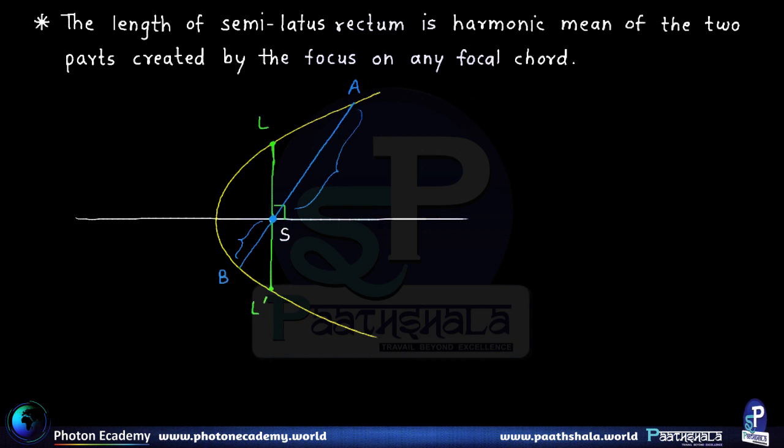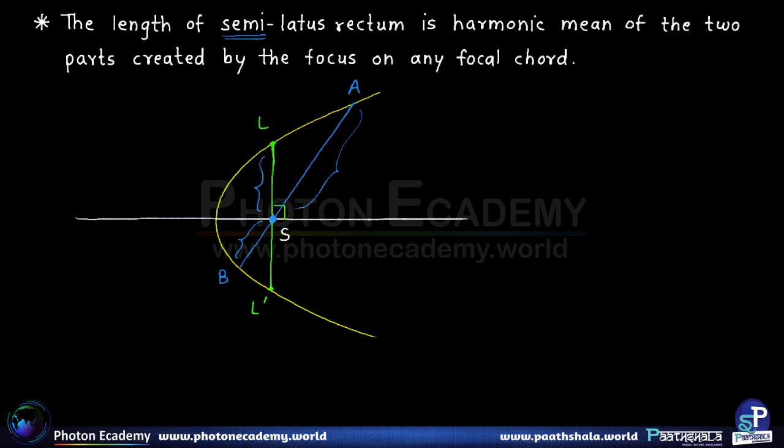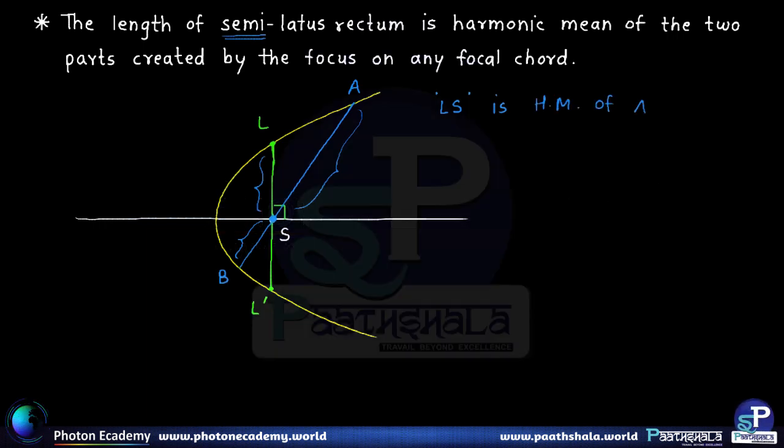And we have LS as the semi-latus rectum, because semi means half. So what this property is saying is, the length of semi-latus rectum, that is LS, is the harmonic mean of the two parts created by the focus on any focal chord. So therefore the length LS is the harmonic mean of parts AS and BS.